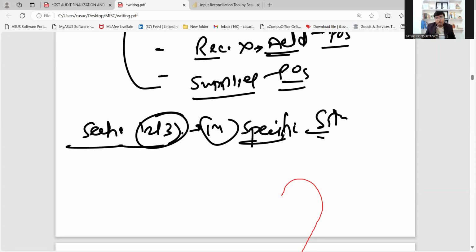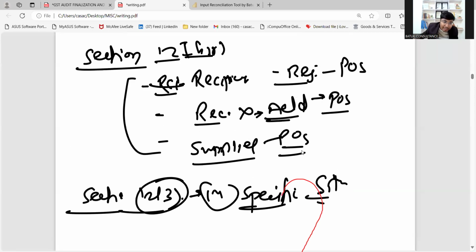उन्होंने बोला normal जो हमारे पास में provision applicable होगा, that will be this. But in case of special situation, which will be covered under section number 12, subsection 3 of IGST Act, you have to refer to the specific provision related to the place of supply.